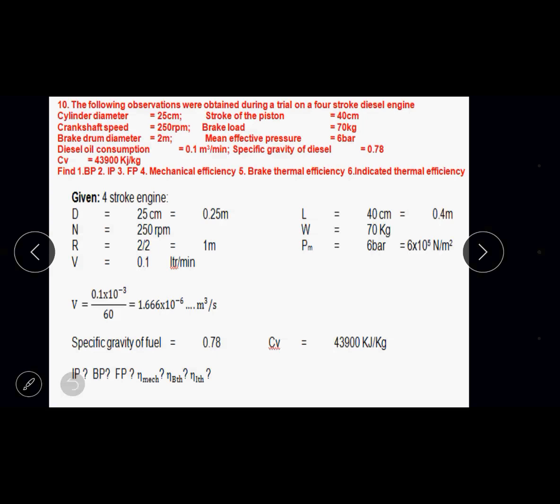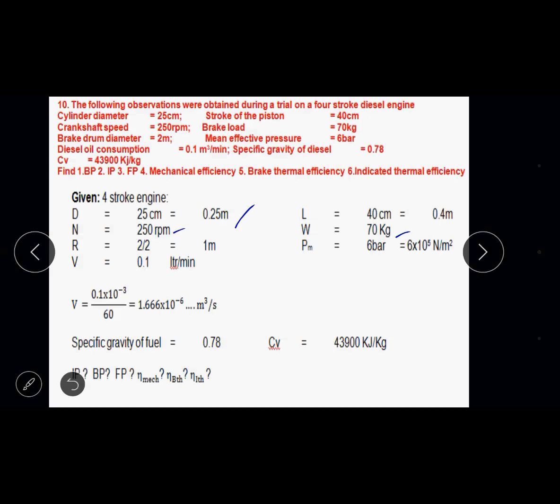Cylinder diameter, capital D, 25 centimeter divided by 100. If it is millimeter, divide by 1000. If it is centimeter, divide by 100. So 25 by 100 will give you 0.25 meter. Stroke of the piston, 40 centimeter is given, divide by 100, you will get 0.4 meter. Crankshaft speed is given, capital N, 250 rpm, and then brake load is given, capital W, 70 kg.